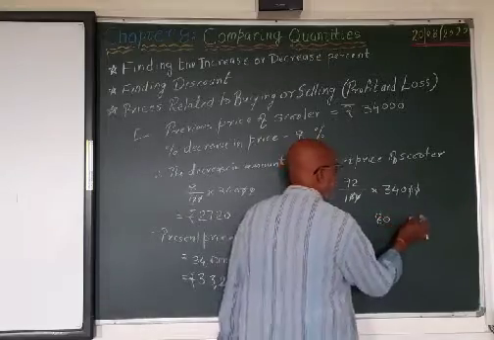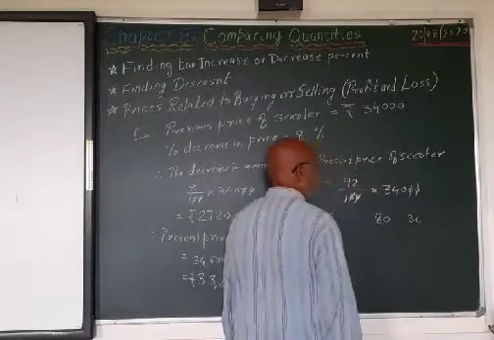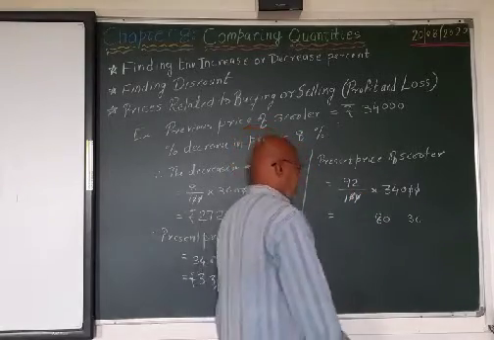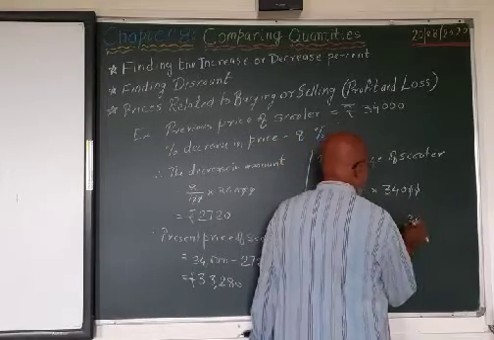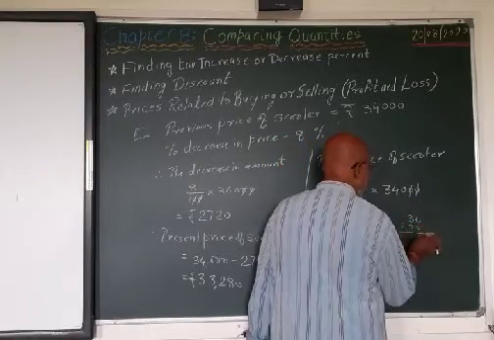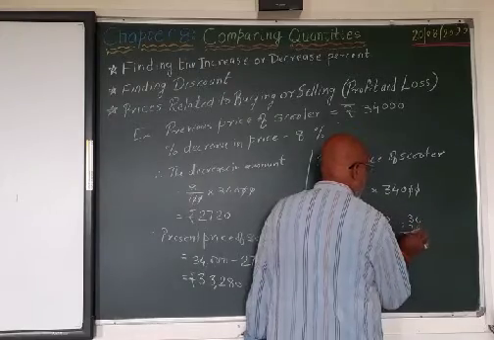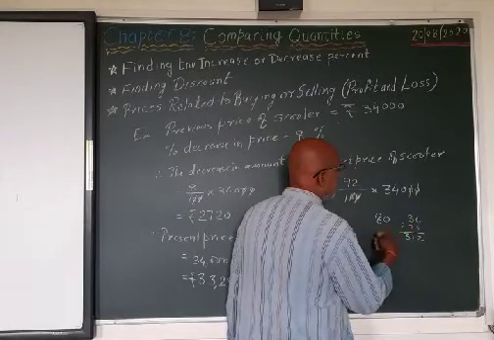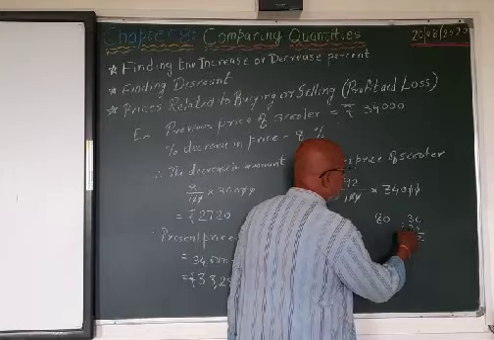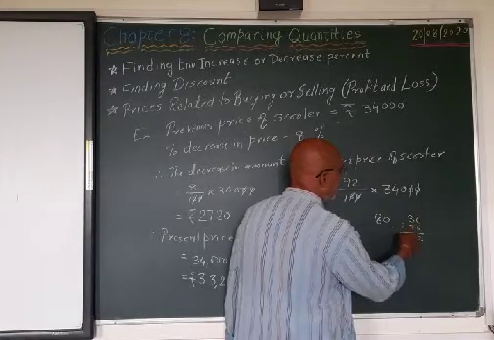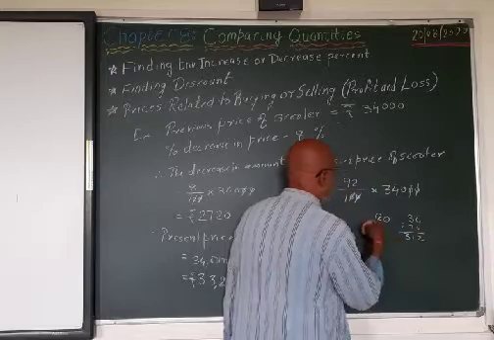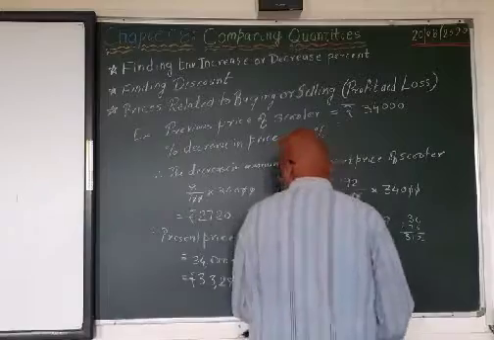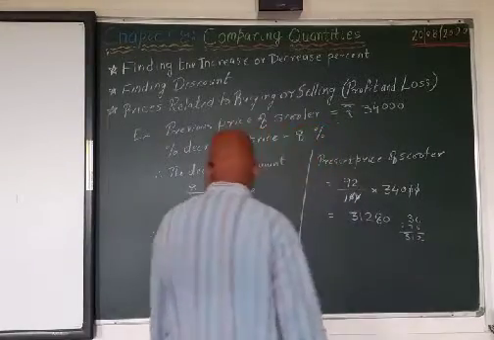So 8, 36 will be carried. 92 3s are 276. 276 plus 36. So what will you get? 31,280. Coming wrong? Why?